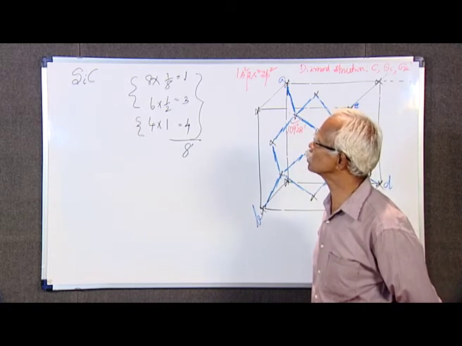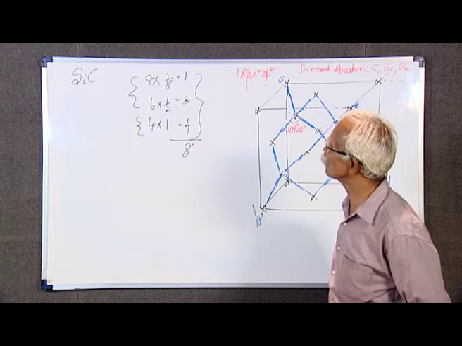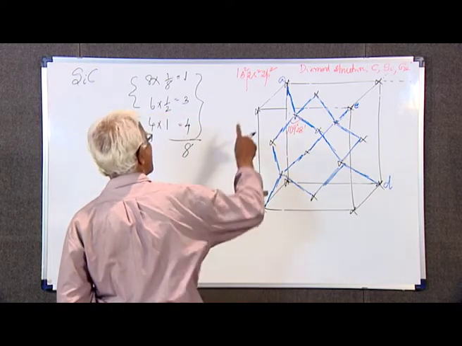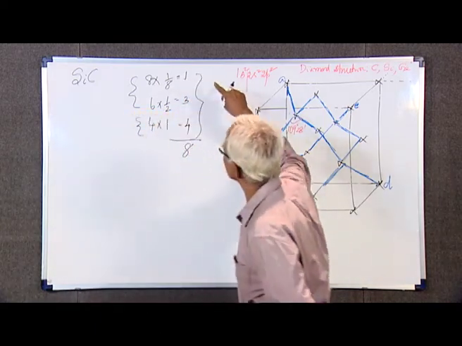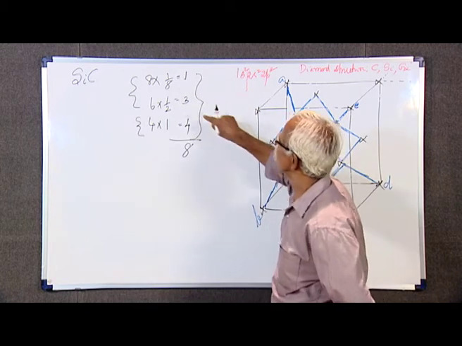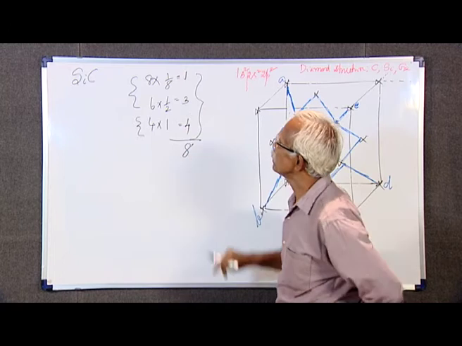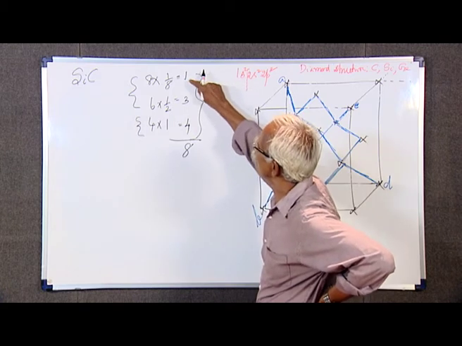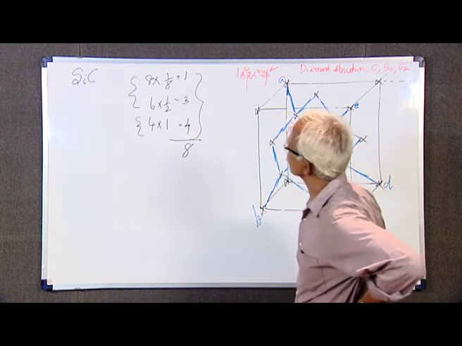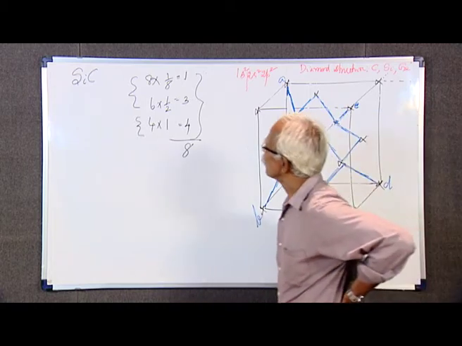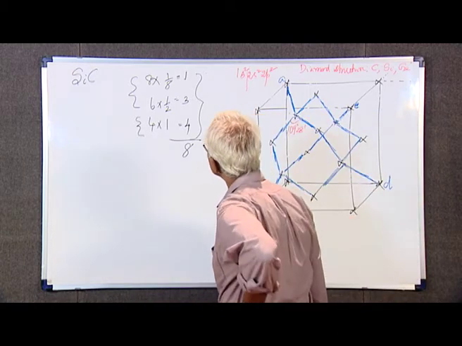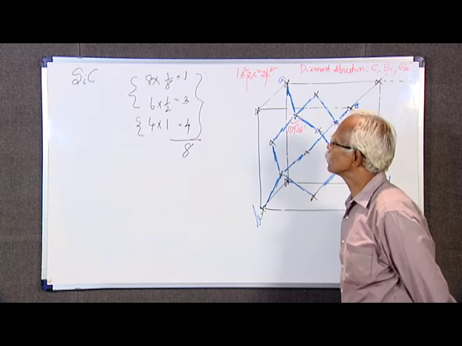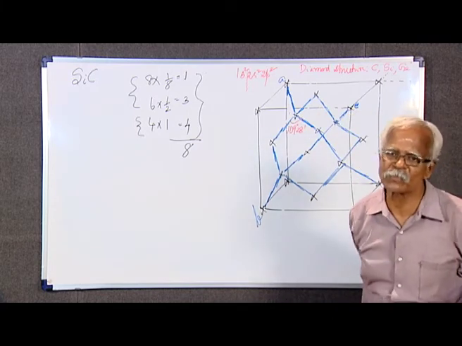One at 0, 0, 0, the other at 1/4, 1/4, 1/4, because in an FCC lattice you have corner atoms shared by 8 neighbors and face center atoms shared by 2 neighbors. So, effectively in an FCC lattice, you have 4 lattice points, 1 plus 3 equal to 4. And 4 lattice points, each having a diatomic basis, one at 0, 0, 0 and the other at 1/4, 1/4, 1/4.